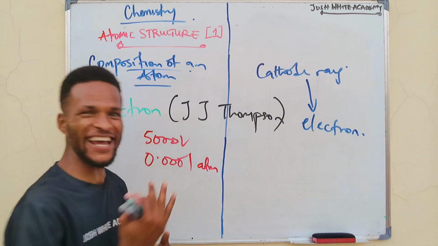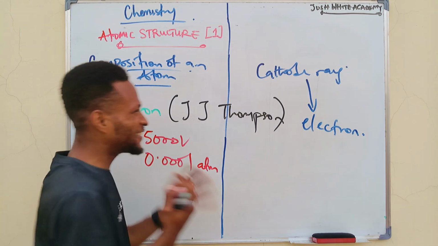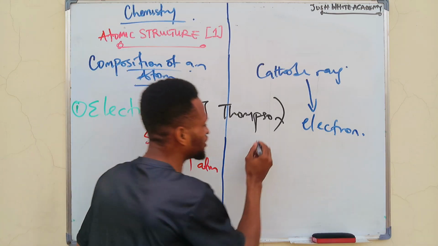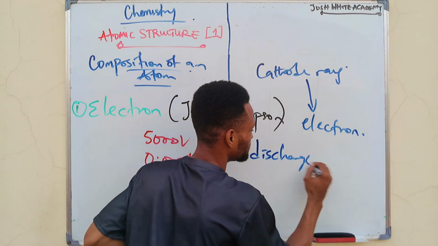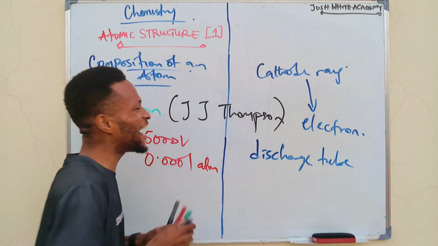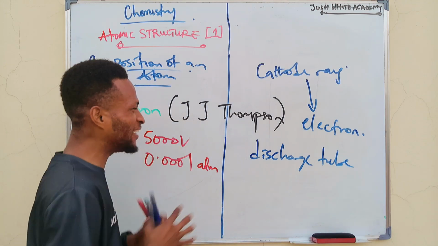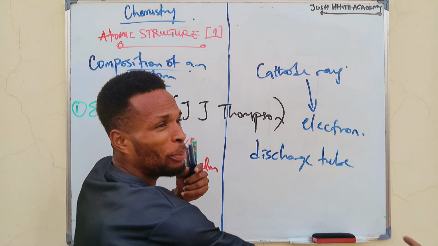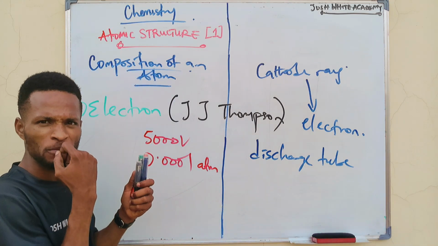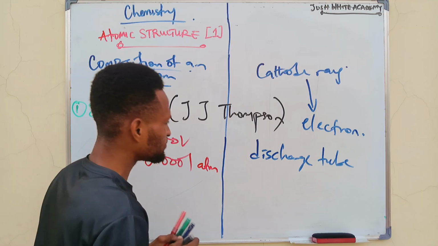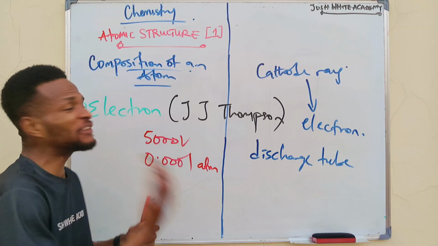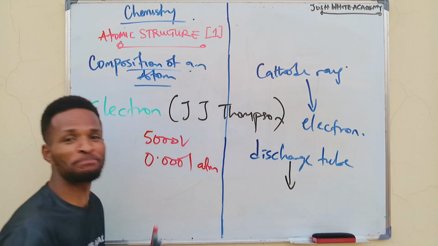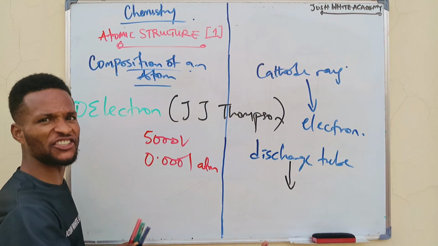So he engaged the same experiment, but this time he used a discharge tube which has a central cathode with a hole in it. He noticed a red ray moving in the opposite direction to the green ray. And after many experiments, he discovered that that particle is positively charged.